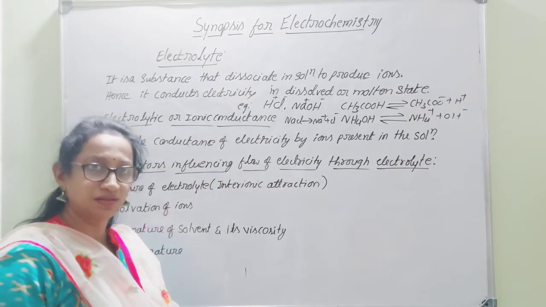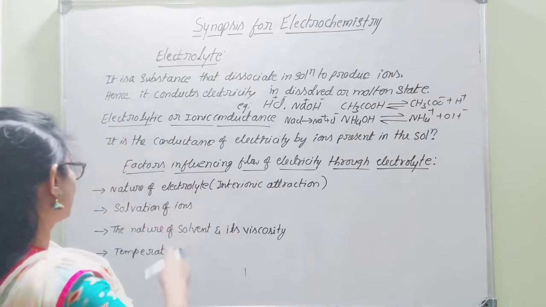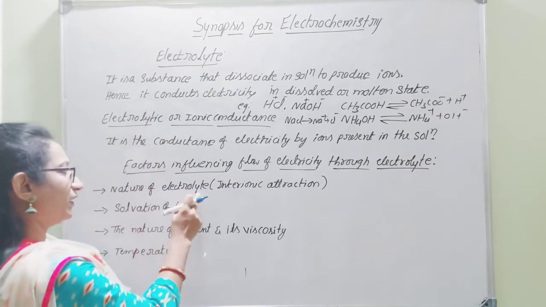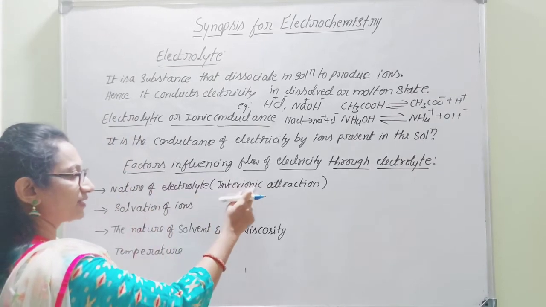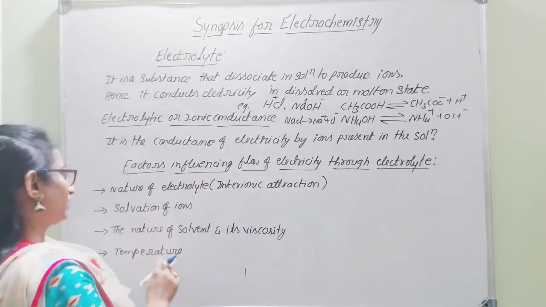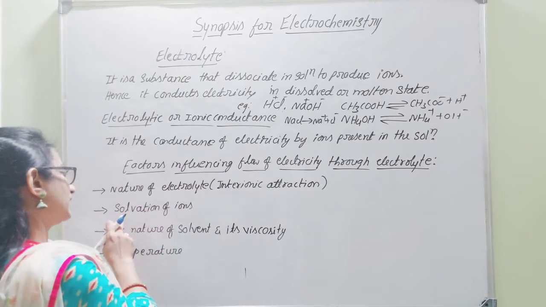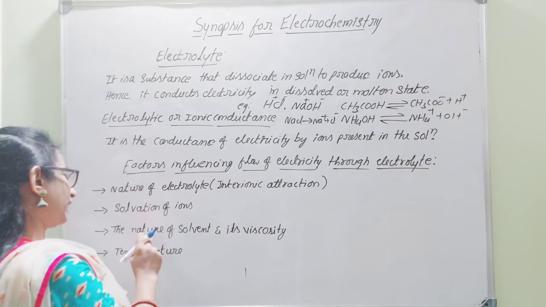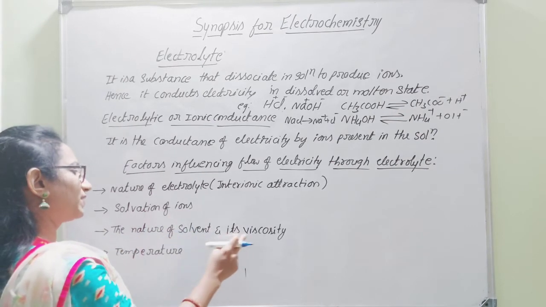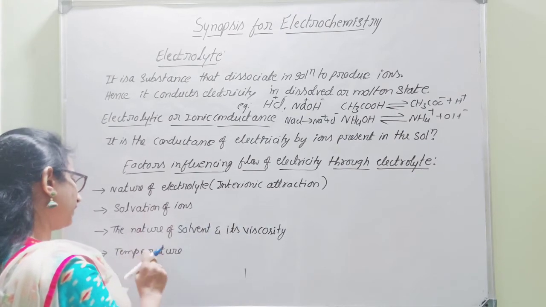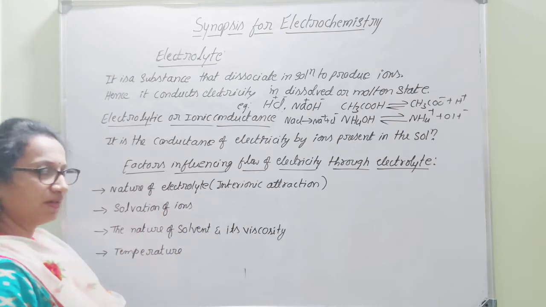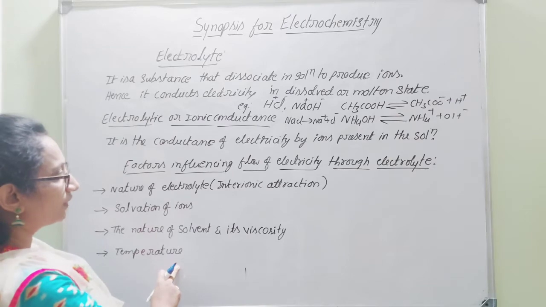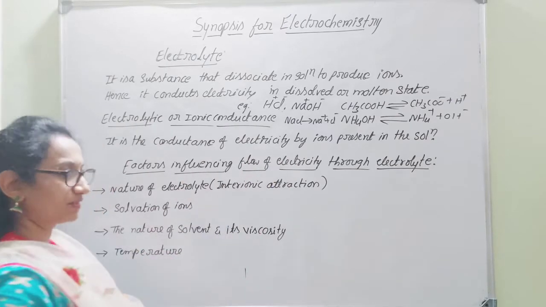Which are those different types of interactions? Very first, the nature of electrolyte, that is interionic attraction, or the solvation of ions. It also depends on the nature of the solvent and its viscosity, and on the temperature. These are the factors which influence the flow of electricity.